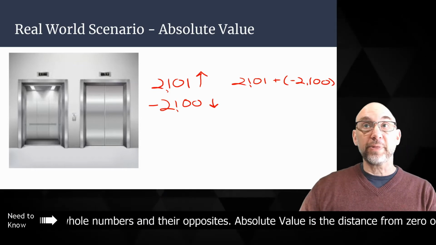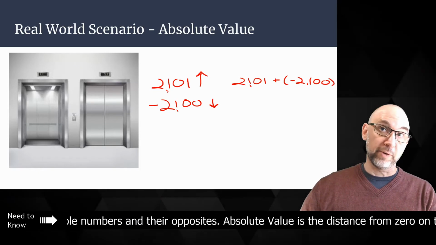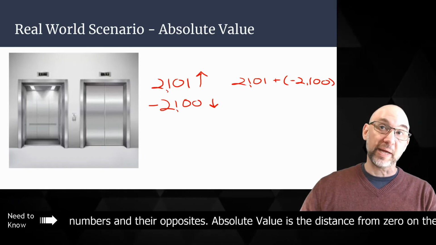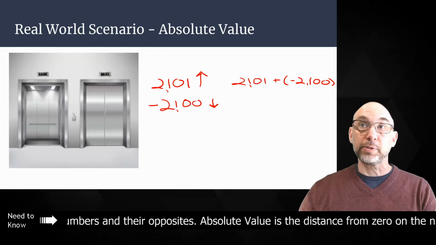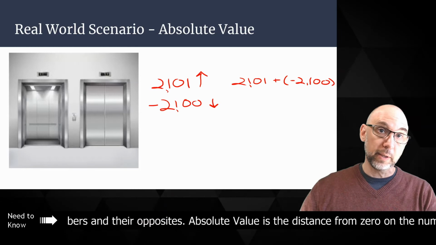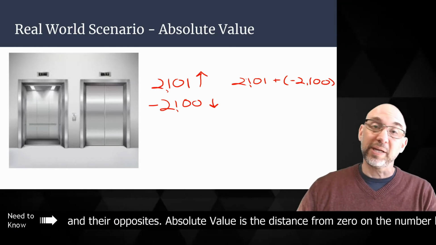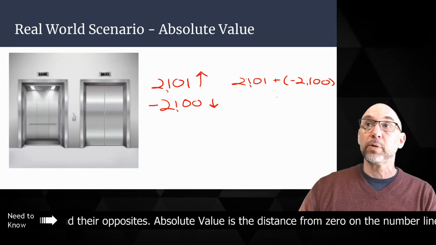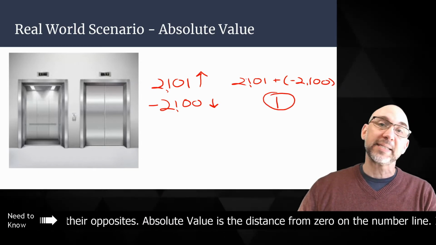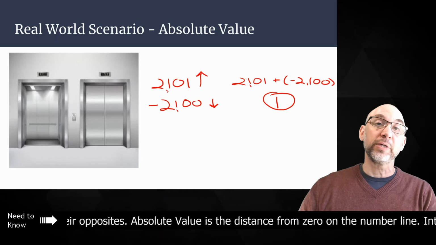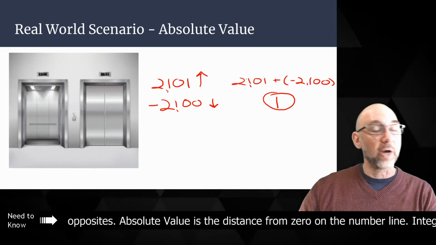So you find out that it traveled up 2,101 floors and it traveled down 2,100 floors. So you have the values positive 2,101 and negative 2,100. Well, when you add them together, what do you think you get? That actually equals 1. So would it make sense that these elevators have only traveled 1 floor? No, of course not, right?